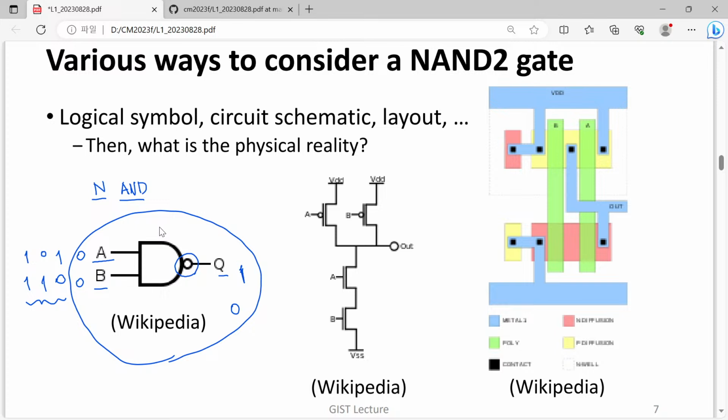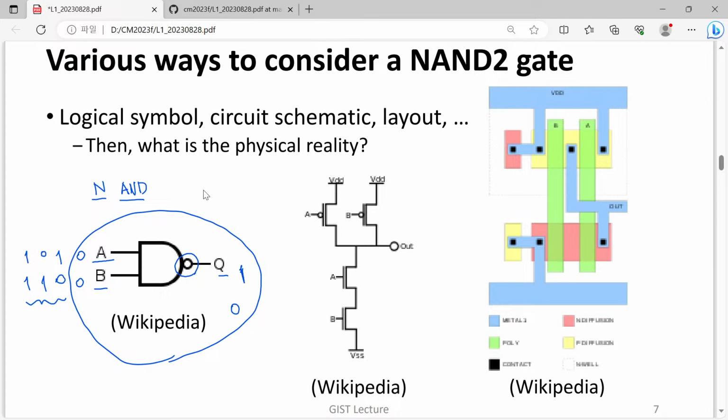In principle, if you have tons of NAND gates in your system, then you can build any kind of logical system. So that is a universal gate. That is the one we wanted to have, so we have tons of it.